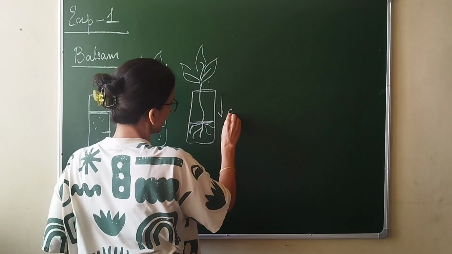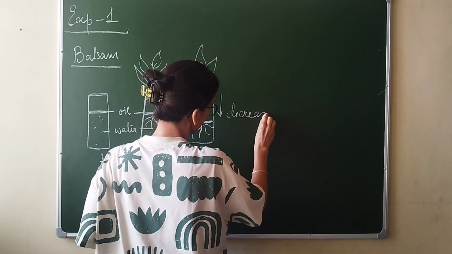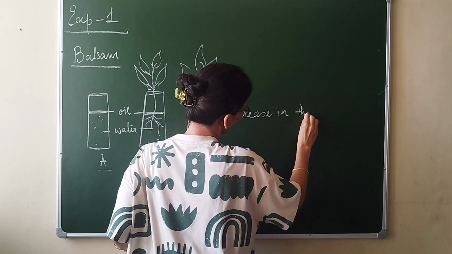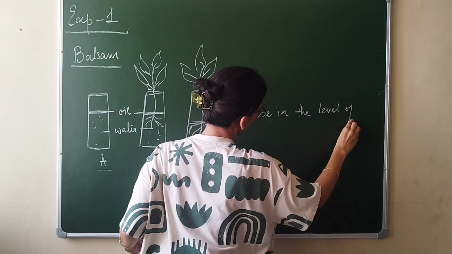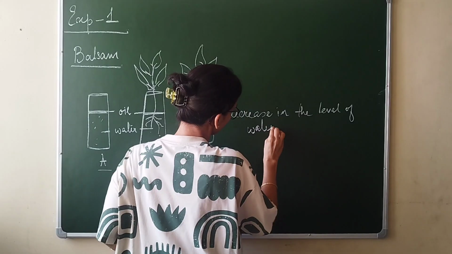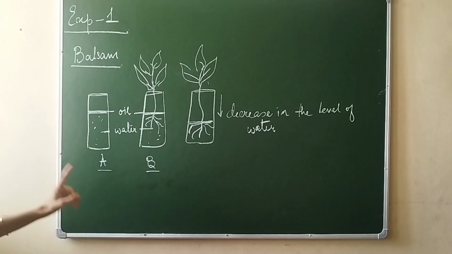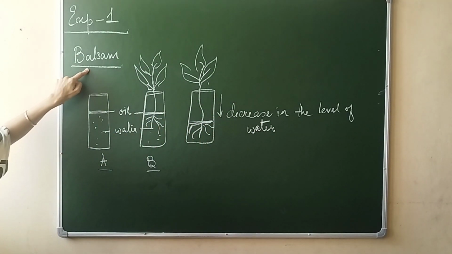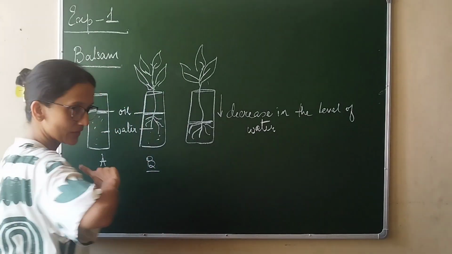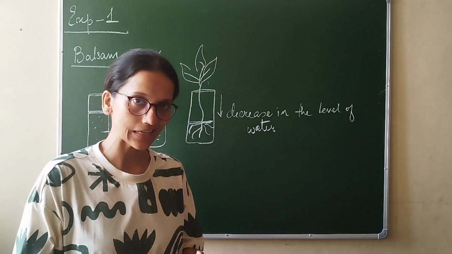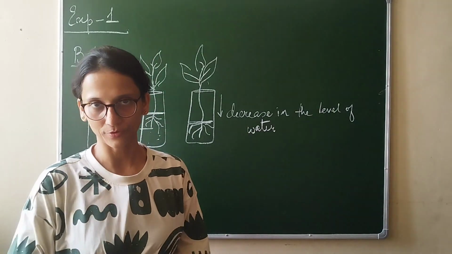That is why you see a decrease in the level of water. So this was experiment 1. The specimen used is balsam, and by this method we are trying to show that there is absorption of water by the roots of a plant.